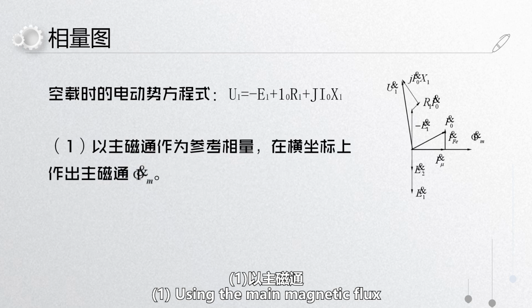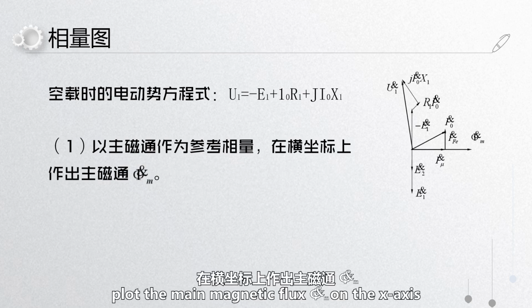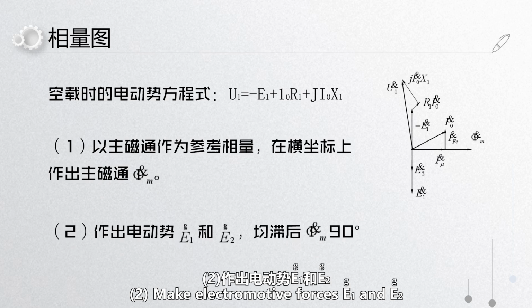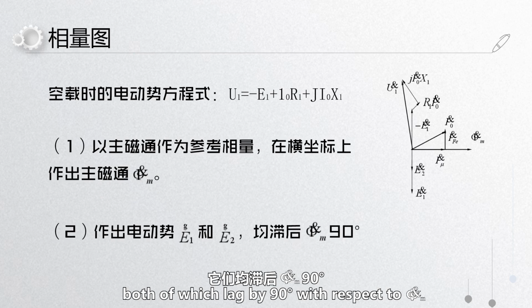First, using the main magnetic flux as a reference phasor, plot the main magnetic flux phi m on the x-axis. Second, draw electromotive forces E1 and E2, both of which lag phi m by 90 degrees.